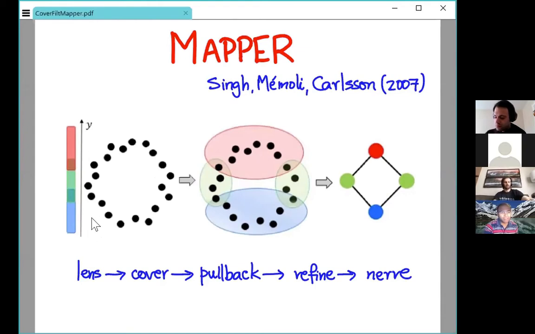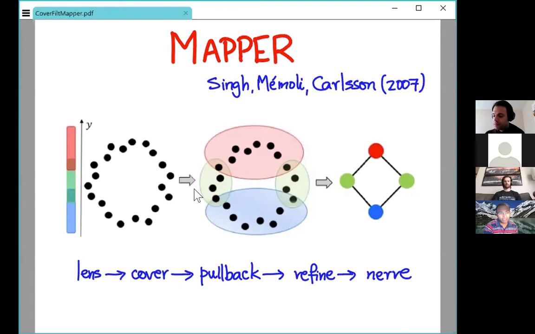And let's say we take the height of the points as a lens or a filter, and I cover the range of that function by overlapping intervals typically. So here I have three intervals in 1D or higher dimensions. And then I pull back that cover, meaning I identify the points in the input which have height values in the red interval here. Those are these points.